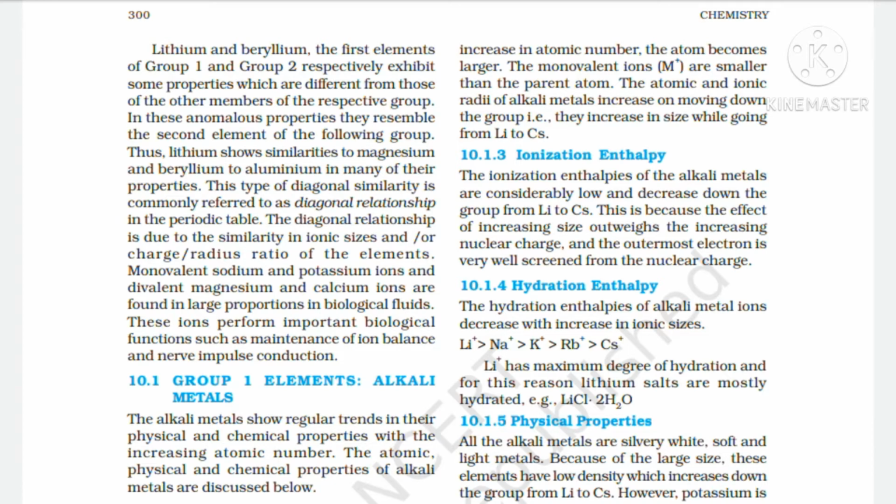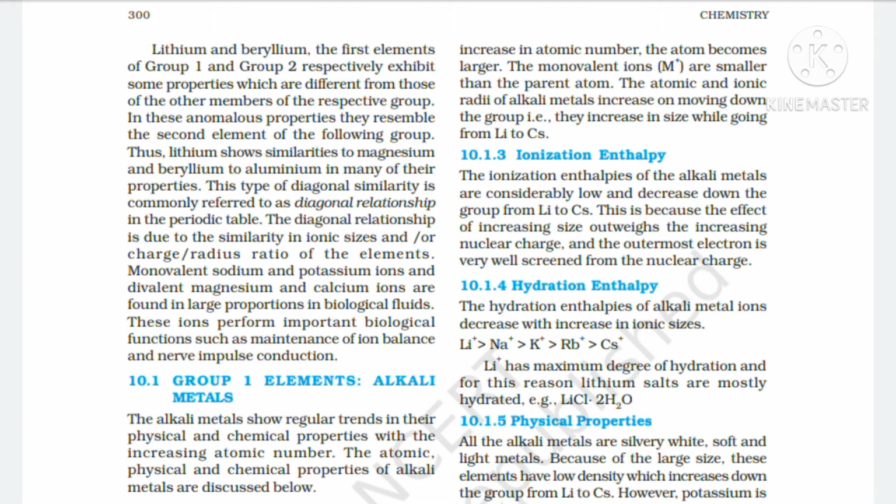Atomic mass: lithium 6.94, sodium 22.99, potassium 39.10, rubidium 85.47, cesium 132.91, francium 223. Electronic configuration: lithium helium 2s1, sodium neon 3s1, potassium, we already discussed the electronic configuration.